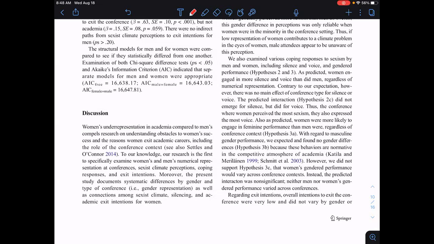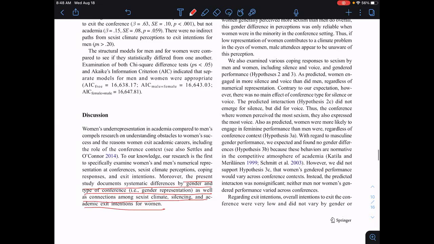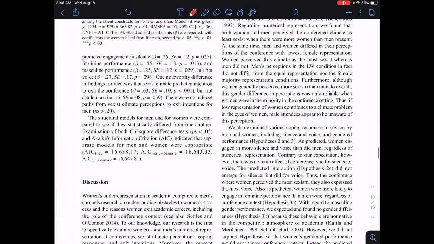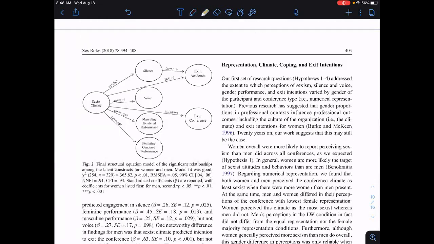The present study documents systematic differences by gender and type of conference, as well as connections among sexist climate, silencing, and academic exit intentions for women. And now I am going to go to our first set of research questions addressed, and so on.